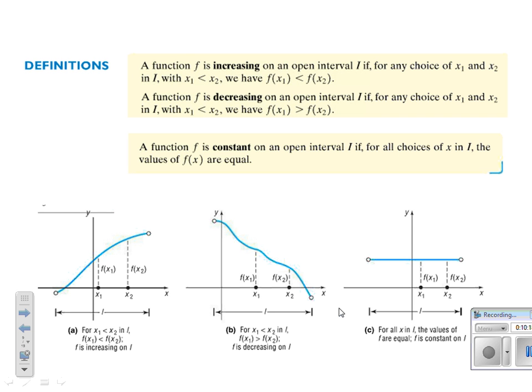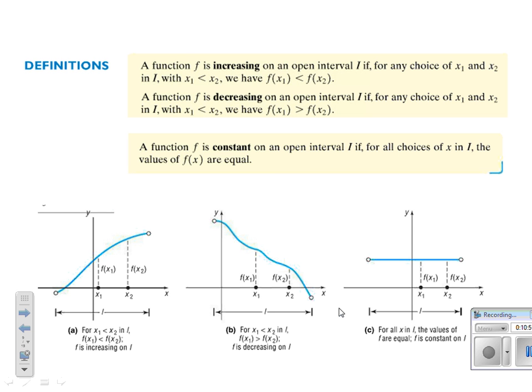So a function is increasing on an open interval I if for any choice of x1 and x2, with x1 being smaller than x2, we have f of x1 is less than f of x2. So when we plug in x1, if we have an increasing function, it's going to give us a smaller value than when we plug in x2.